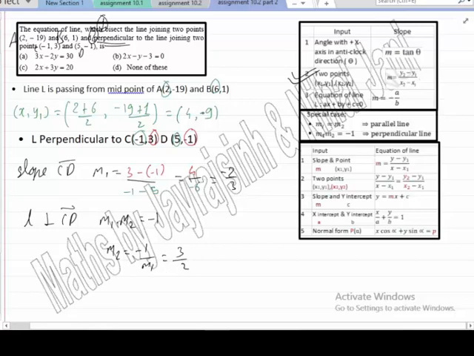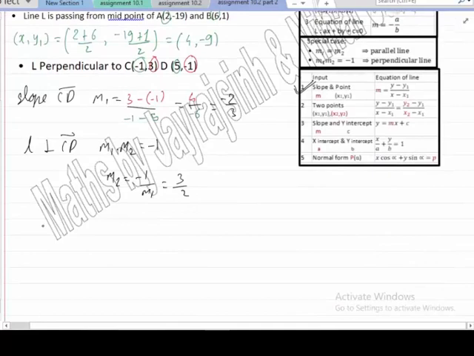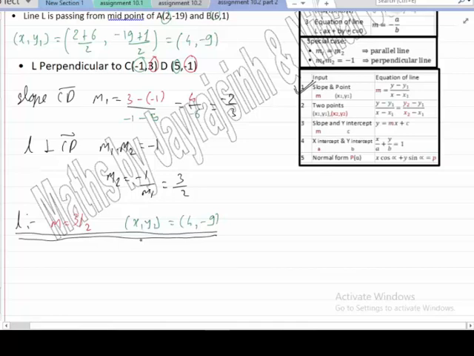Finally we get the point and the slope, which suggests that we should use the first form of the equation of a line, which is M equals (y minus y1) upon (x minus x1). Let's collect the data about L. Its slope is 3 by 2, and the point it passes through is (4, -1), right?